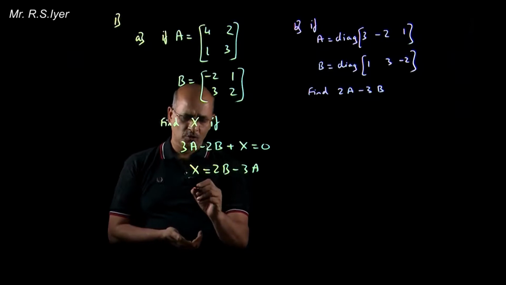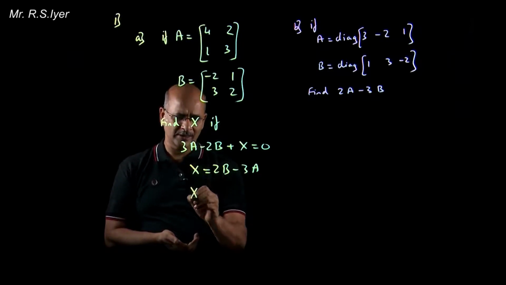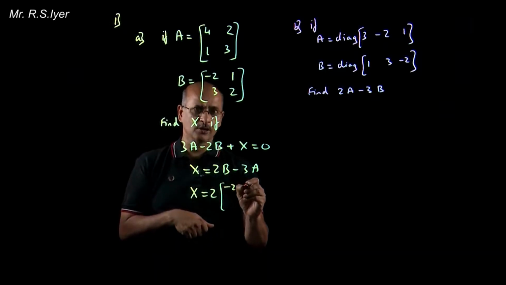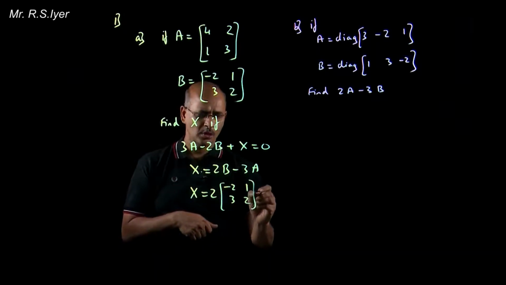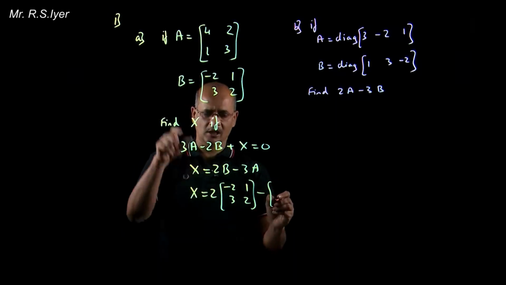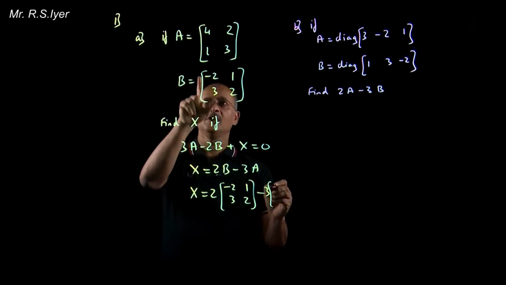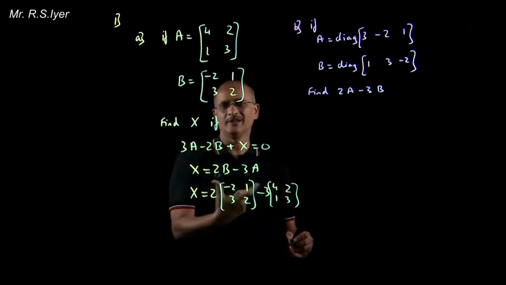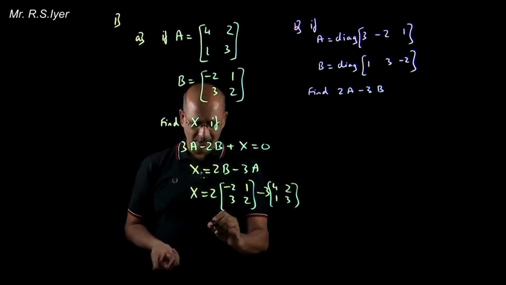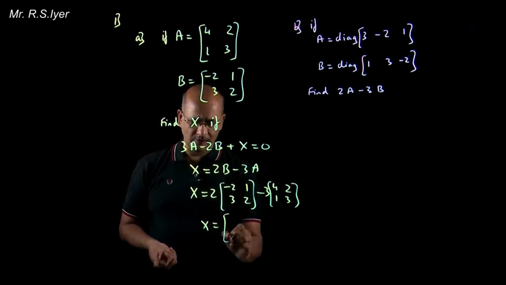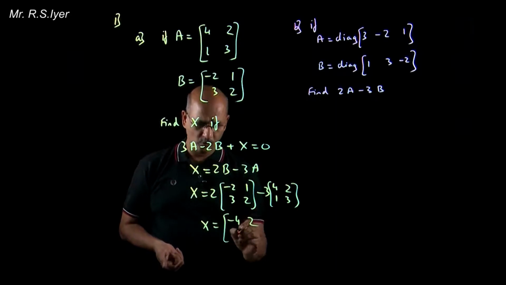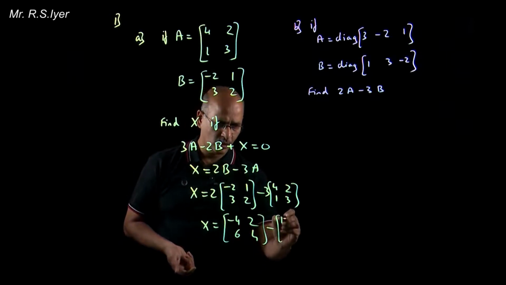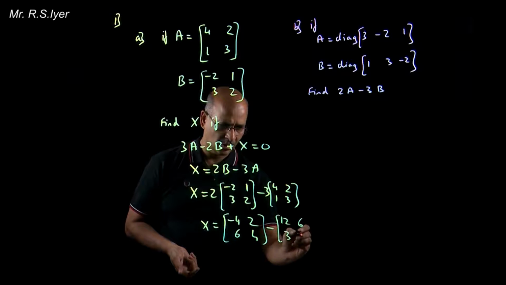So the matrix X is given as twice B, and B is already given to you, minus 2, 1, 3, 2, minus 3 times A, and A is nothing but 4, 2, 1, 3. Now it is just simple multiplication of a matrix by a scalar, children. So you can definitely go ahead: minus 4, 2, 6, 4, minus, outside, 12, 6, 3, 9.